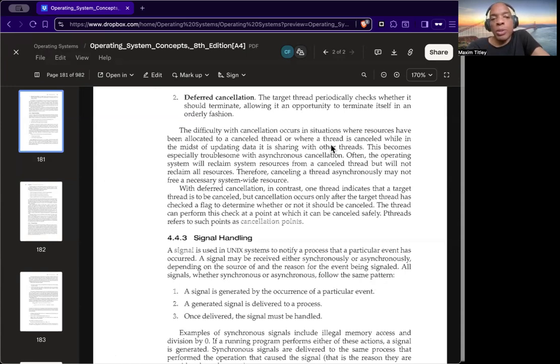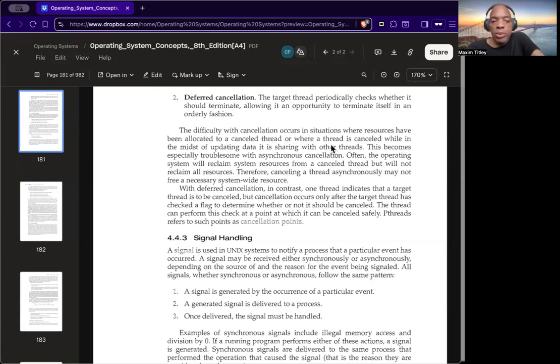So in this particular case, canceling threads asynchronously, they may not free necessary system-wide resources. And that would be bad for some sort of task that was supposed to be running, but it's not running, and the resources are still not available for threads that are running. We wouldn't want that to happen.